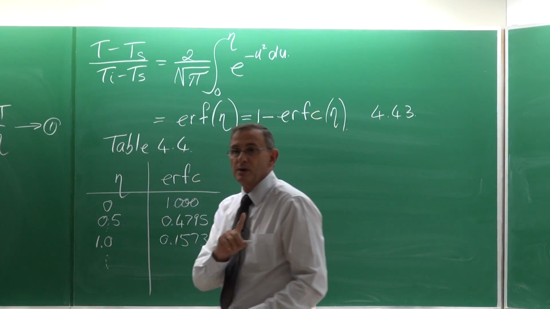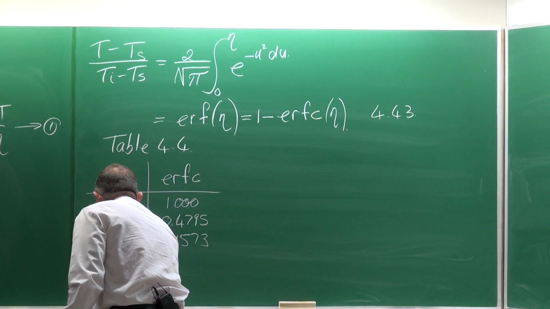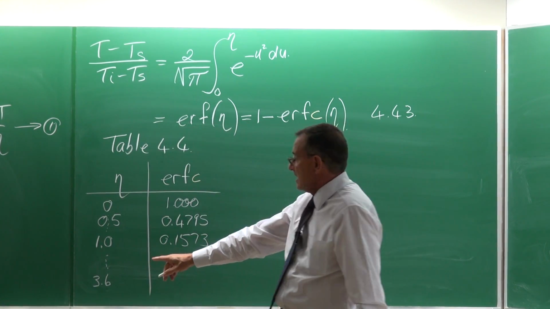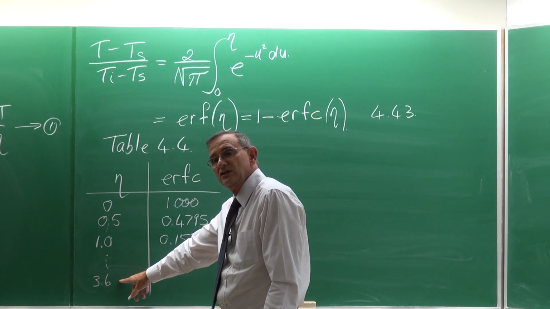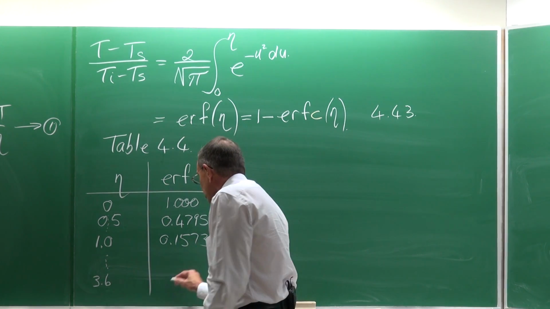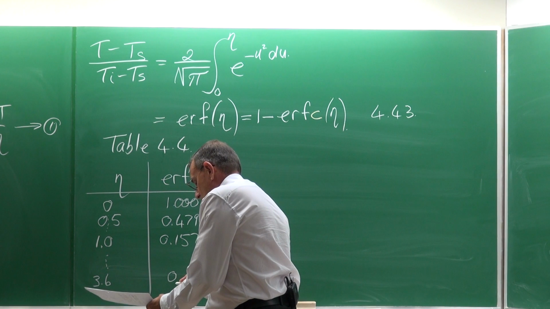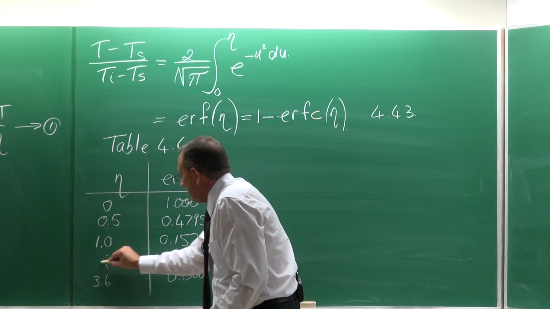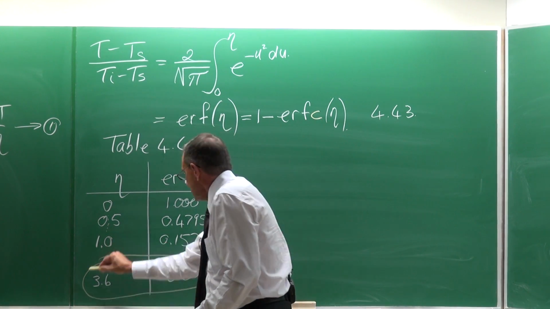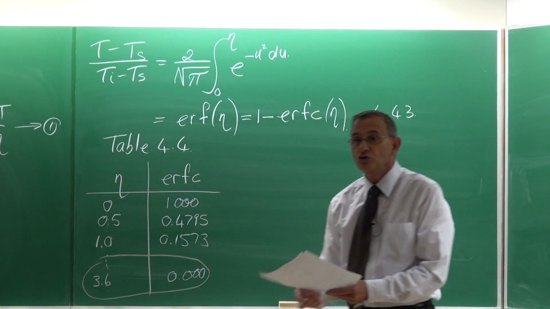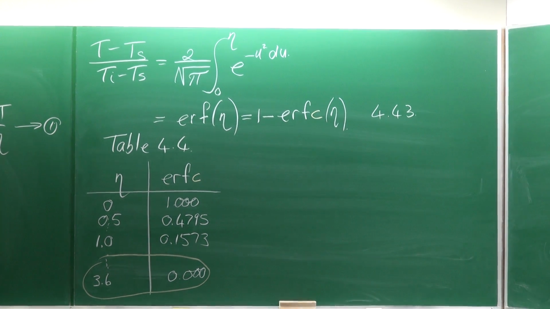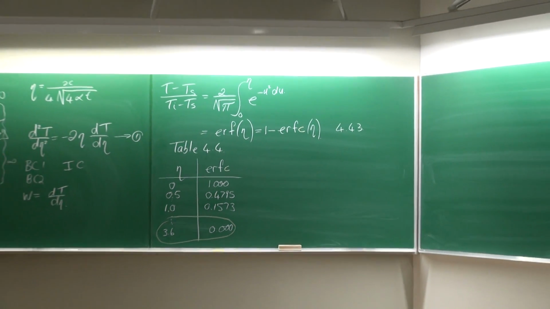But something that should be noted, which is very good to notice, is that when eta is starting to become 3.6 and larger, this value would be approximately 0. And this thing, you will see later on, is a very useful result and it really can help us a lot if we do some calculations.